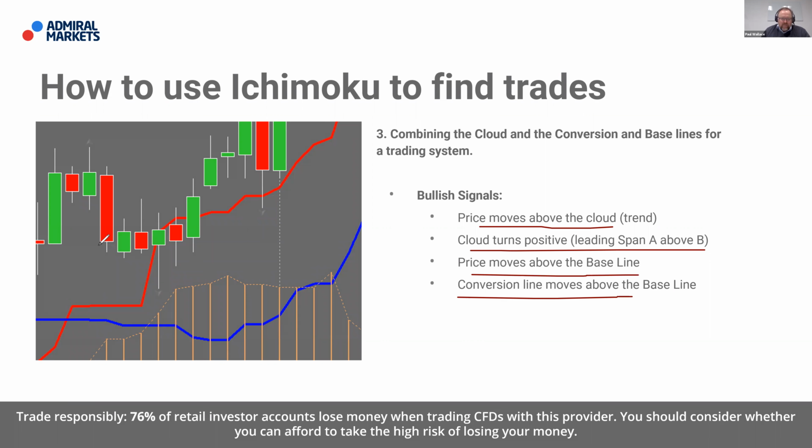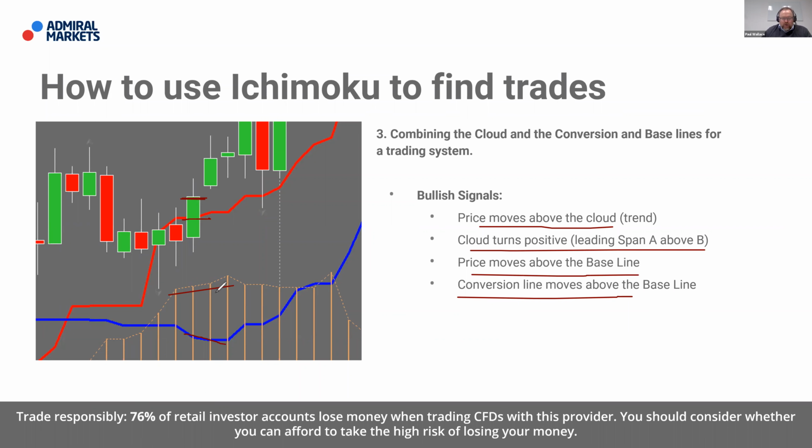So you have a point where price is above the conversion line, which is above the baseline, and price is above the cloud, and the cloud is positive. You've got a confluence of events that come together to help you make your trading choice.